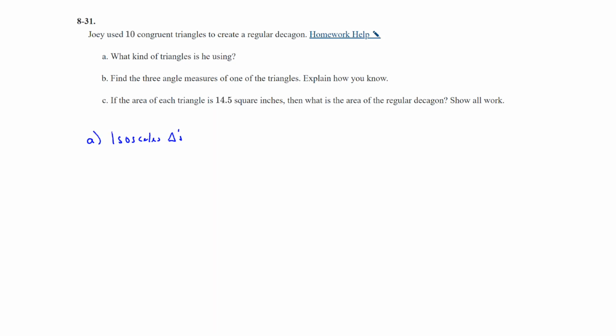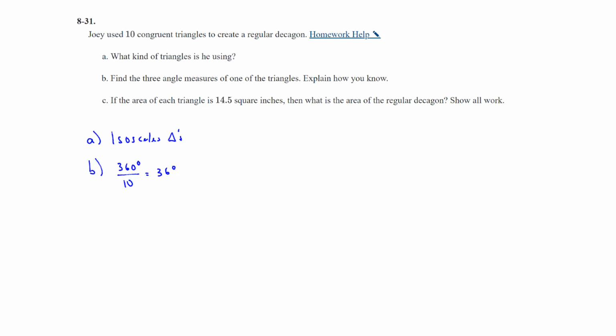Alright, and then B, find the three angle measures of one of the triangles. So if it's a decagon, that's 10 sides, so the center is going to be 360 degrees, but since there's 10 triangles, we divide by 10, and that will give us 36 degrees for that angle in the center of one of the triangles.